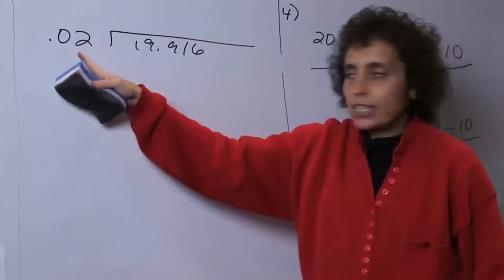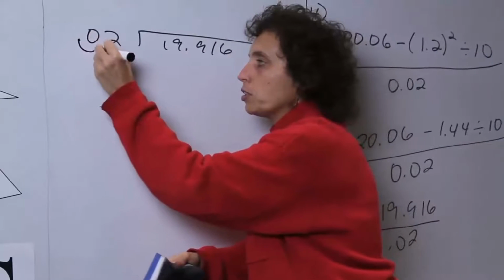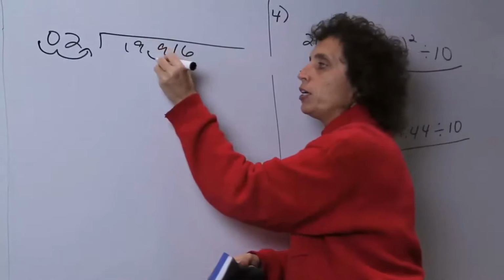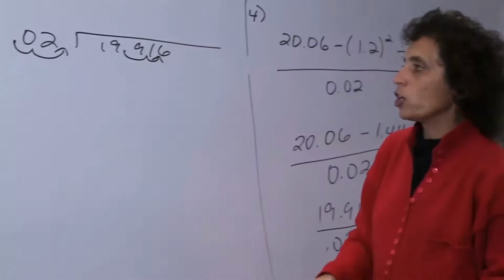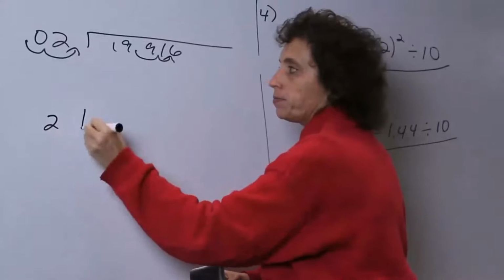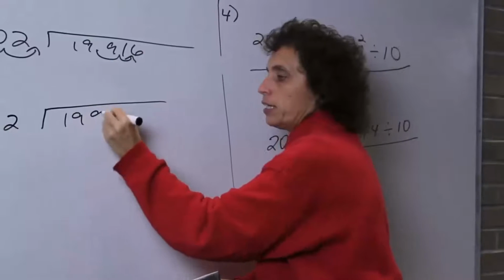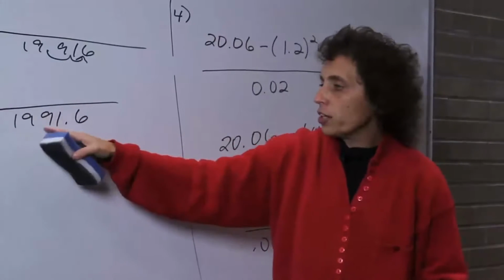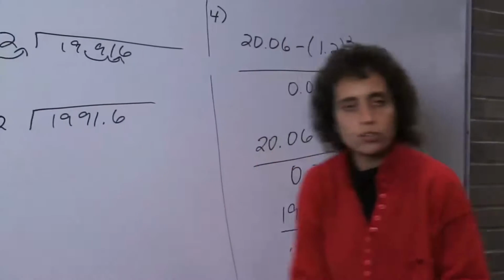I have to get this to be an integer, so I'm going to move the decimal 2 places to the right, to get it to the end. Whatever I do there, I have to do here, because actually what I'm doing is making equivalent fractions, if you recall. So here's what I'm really dividing: 1,991.6 by 2. That's all I'm doing.